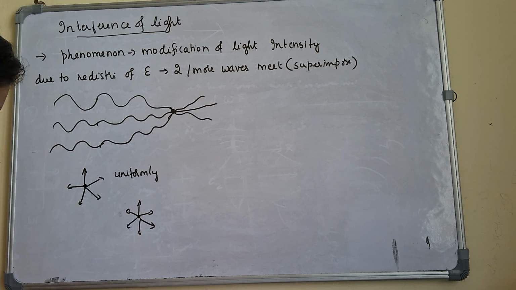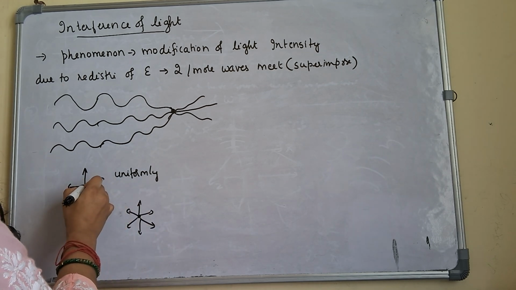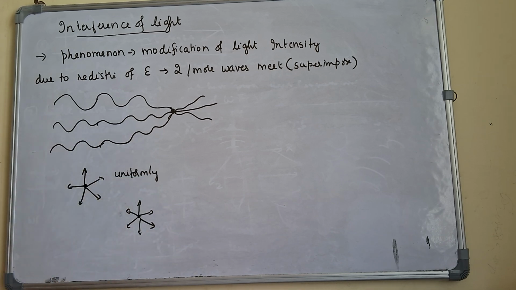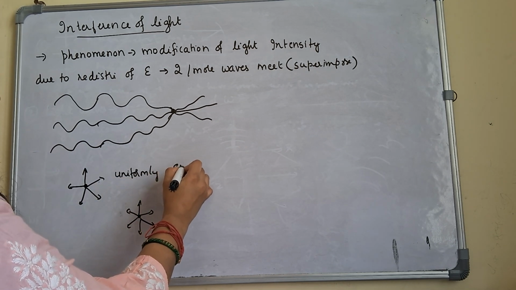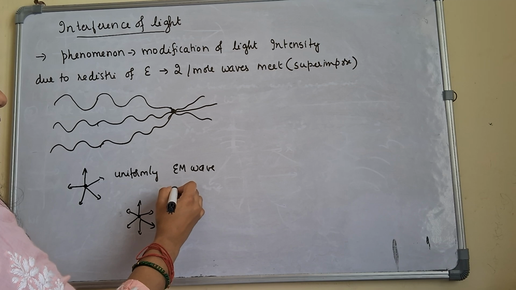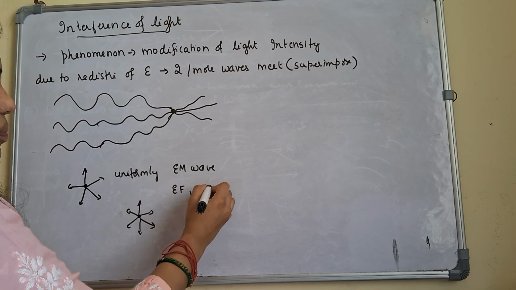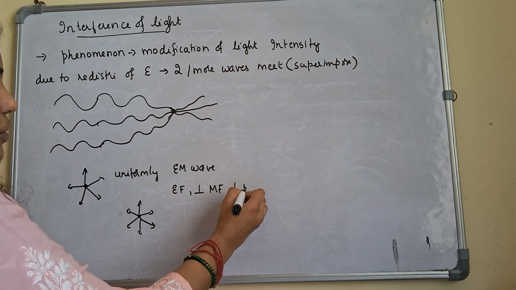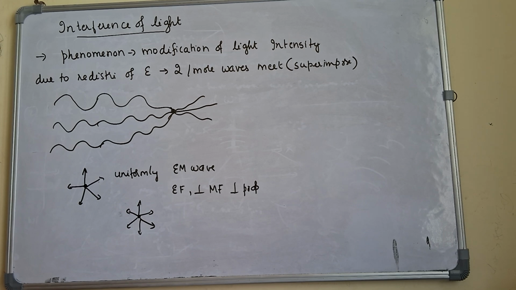Why this modification is there can be understood if you understand what interference and superposition are. If you go back to electromagnetic waves, light is an electromagnetic wave, and what is the meaning of it? It has an electric field which is perpendicular to the magnetic field, which is perpendicular to the direction of propagation.